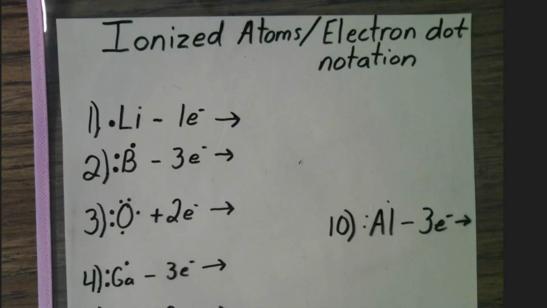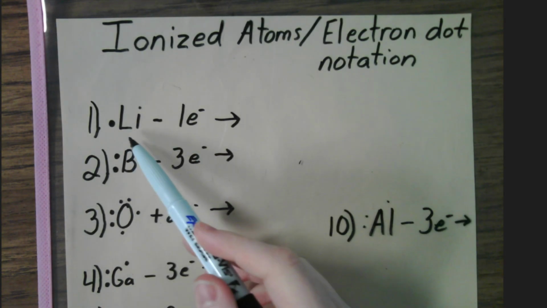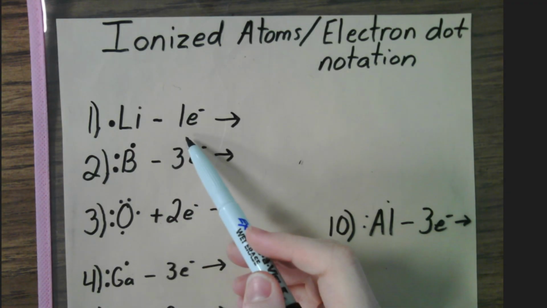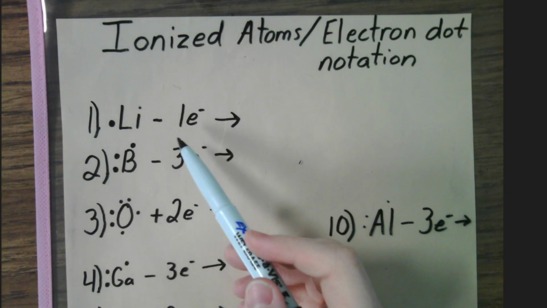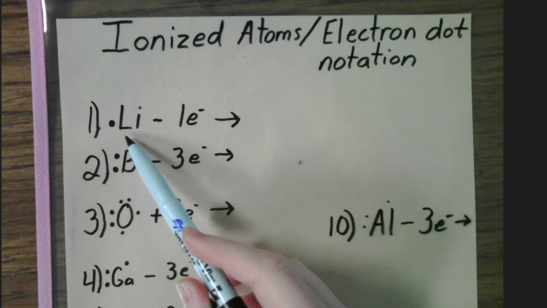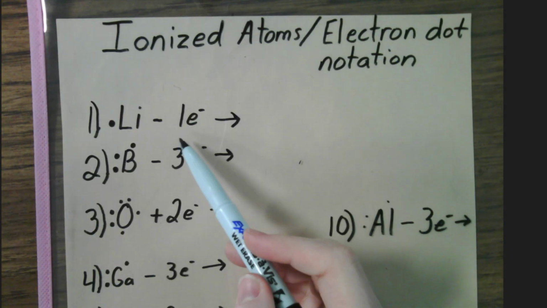For example, our lithium. Lithium, we're going to get rid of one of those electrons. Remember, electrons are negatively charged. So when we get rid of a negatively charged electron, this atom is going to end up more positively charged.